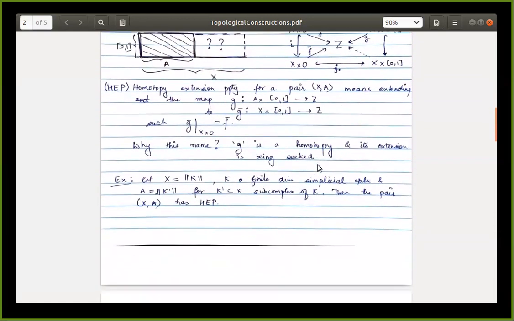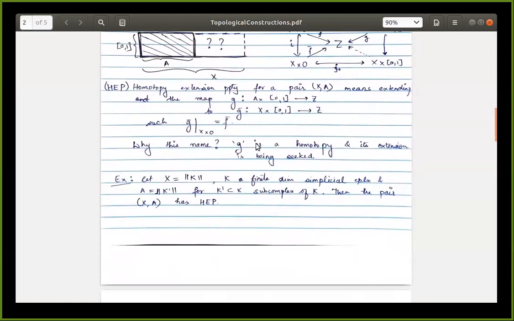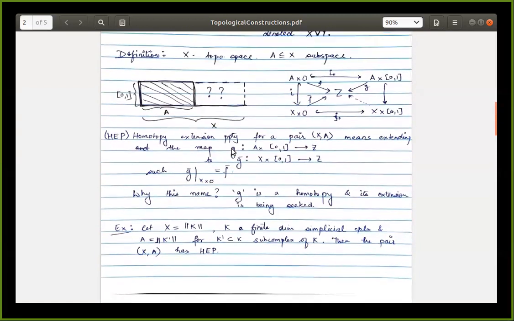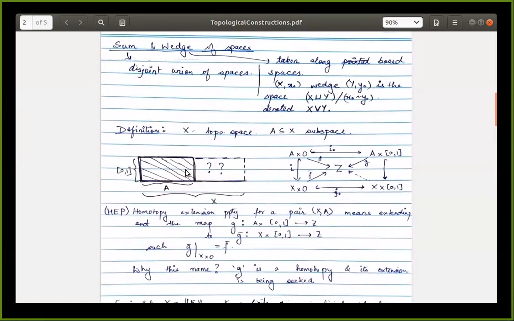Okay, and as I've already said, it's called homotopy extension property because you're really trying to extend a homotopy. And this should be true for any topological space Z. So if you have a commutative diagram which fits this picture for any topological space with these maps, and the pair has the homotopy extension property, this map exists. Okay.